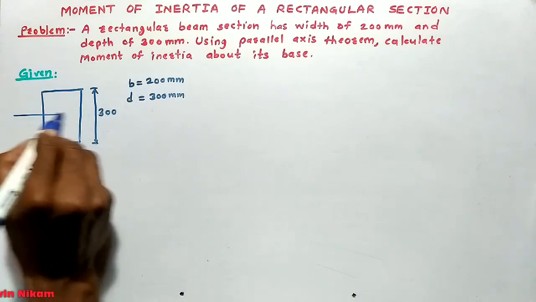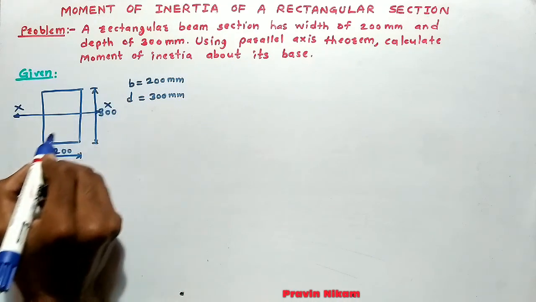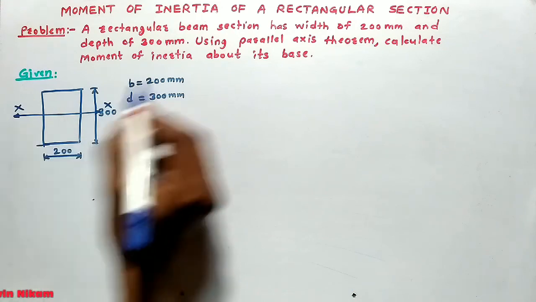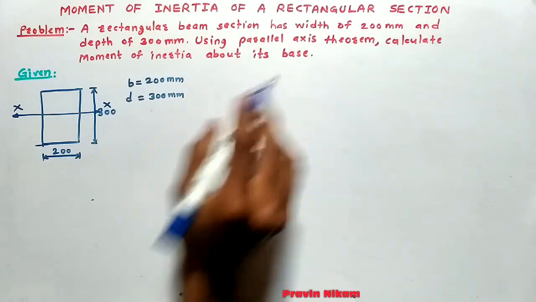Now this is the centroidal axis XX, and this is the base, and we have to find out moment of inertia about its base.